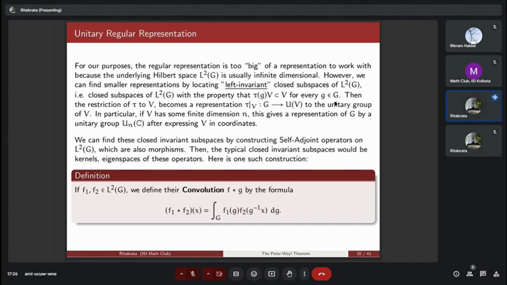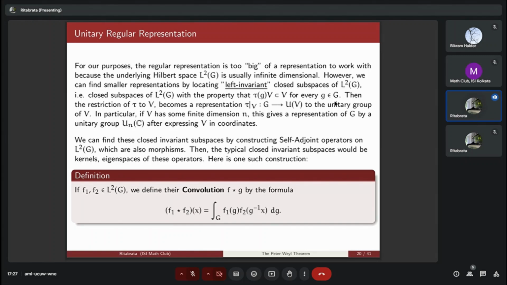Being a morphism is very important because otherwise kernels, images and eigenspaces may not be invariant under the action of the group. I mean, they may not be sub-representations. So we'll try to work with kernels and eigenspaces of these morphisms that are also self-adjoint operators.